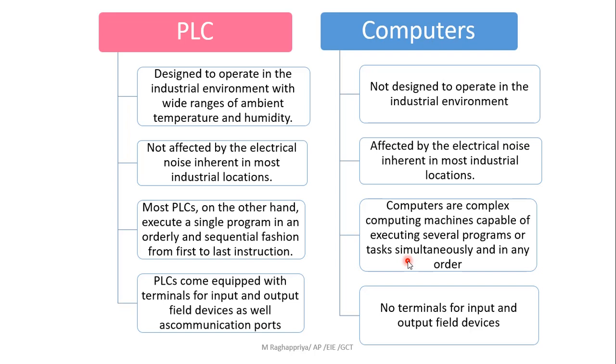It is a complex computing machine where you can easily perform multitasking, right? Simultaneously you can open a Word document, go for an Excel, play a video, play music, or play a game. All those tasks can be easily performed using computers. So multitasking can be done, whereas in case of a PLC it is not possible.